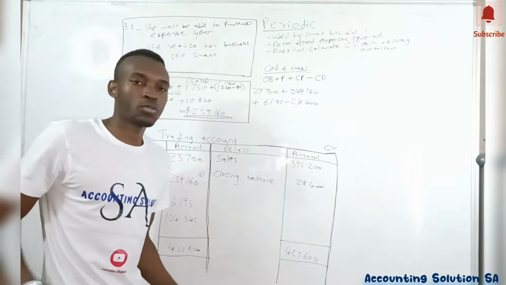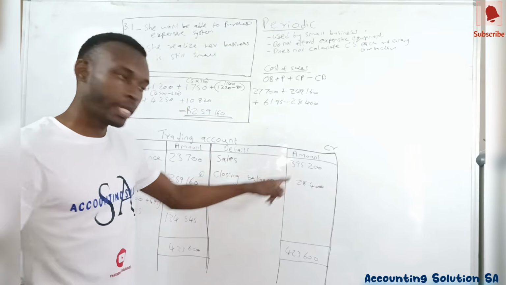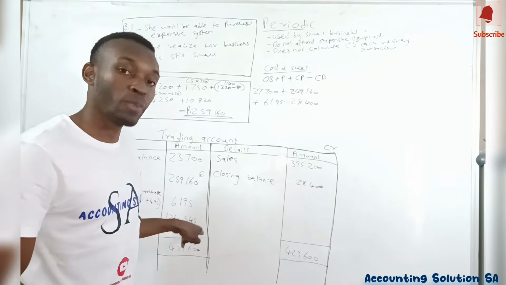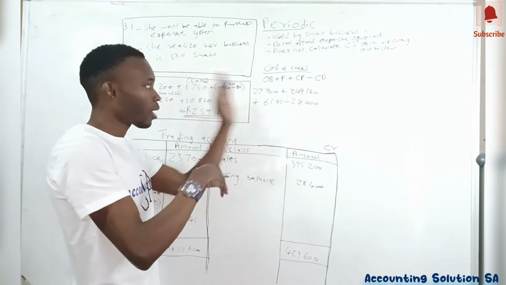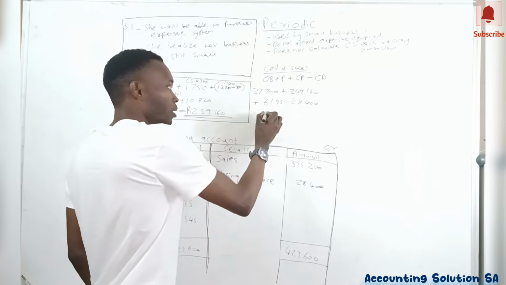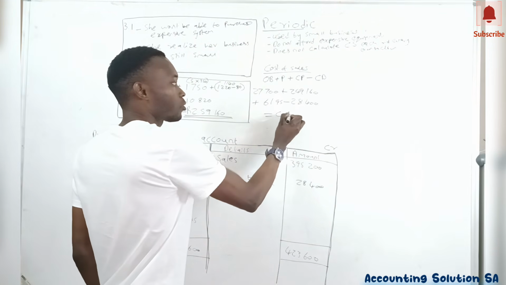So when you calculate cost of sales, please don't touch sales and don't touch the profit or loss balancing figure. Then if you calculate everything there and you subtract, you are going to get your cost of sales.